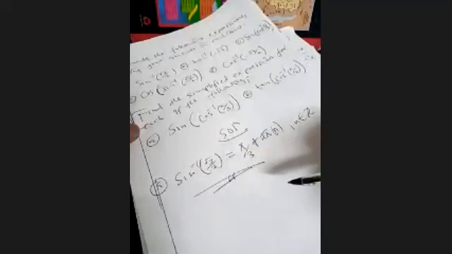So these angles you are finding will be coterminal to pi. In this case, the angle we are finding is already acute.